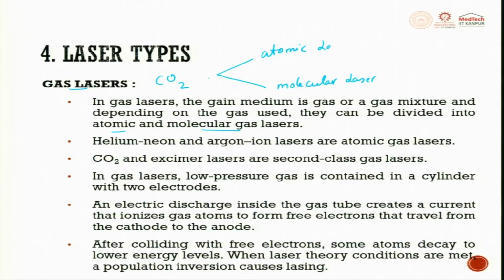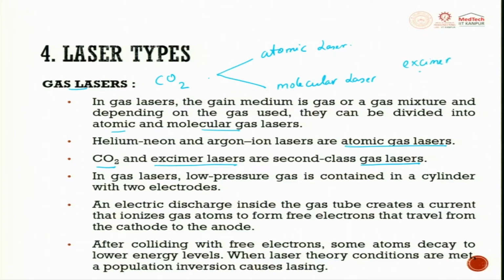Molecule is big, atomic is small. Helium neon and argon ion gases are atomic gases, whereas CO2 and excimer lasers are molecular gas lasers.